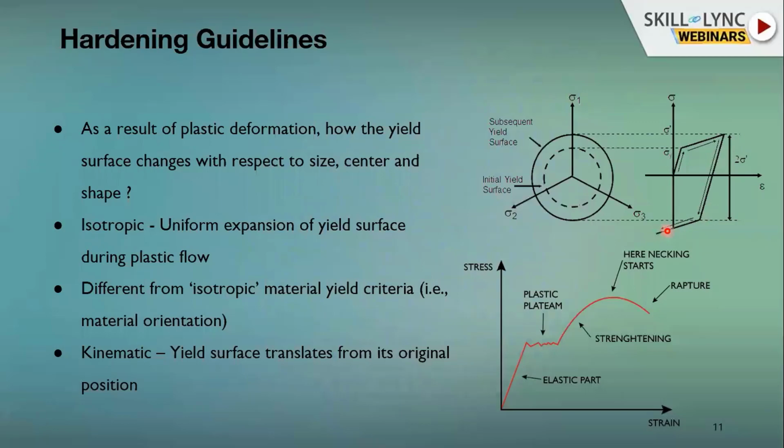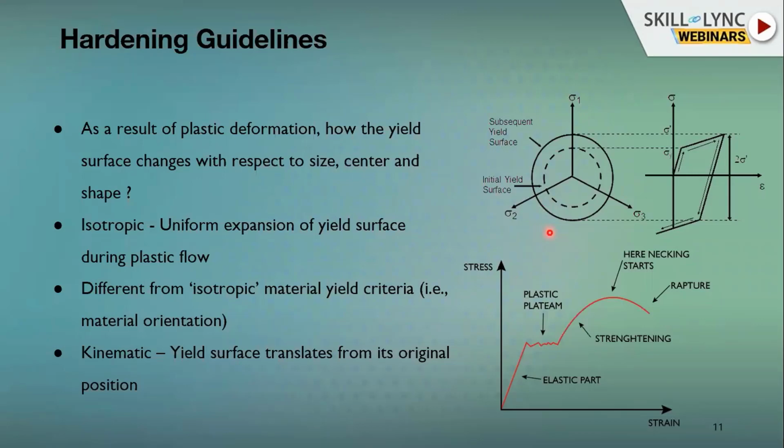Are we confused with the isotropic term that we use for the material? Definitely, it is different from the isotropic material yield criteria that we are talking about. That is a material orientation. Here we are mentioning isotropic for the kind of expansion of the yield surface that happens during the plastic flow.